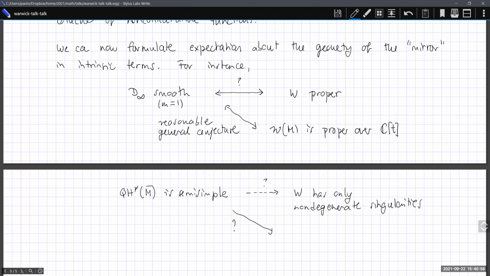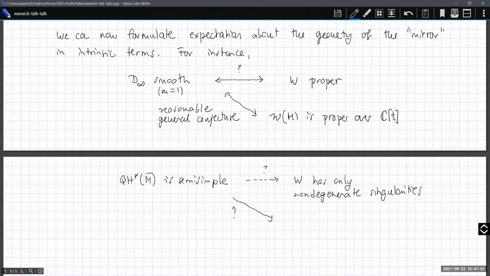This seems like a tough cookie to attack, but you could say, well, you have your non-commutative function, which is a solution of the Maurer-Cartan equation, so it describes a formal deformation of your category, and you could say, okay, so this has a semi-simple generic fiber.